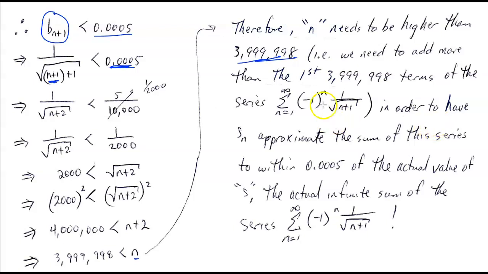Okay. So I guess the next term would be 3,999,999. Okay. So that would actually be it. So the answer to this is that n would actually have to be this number to ensure that whatever this is, it would be within this particular number.